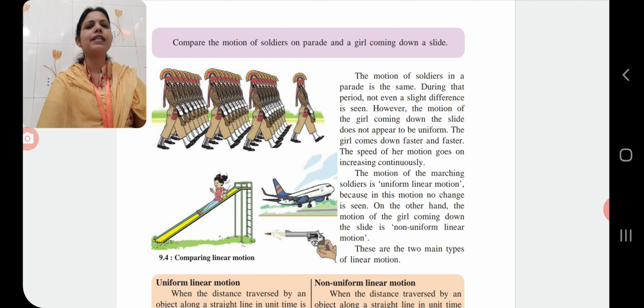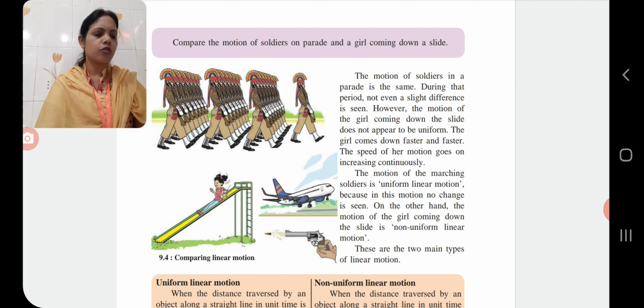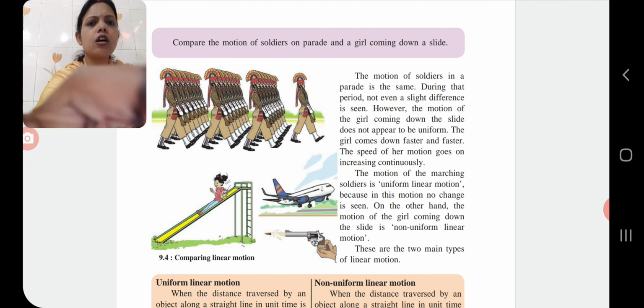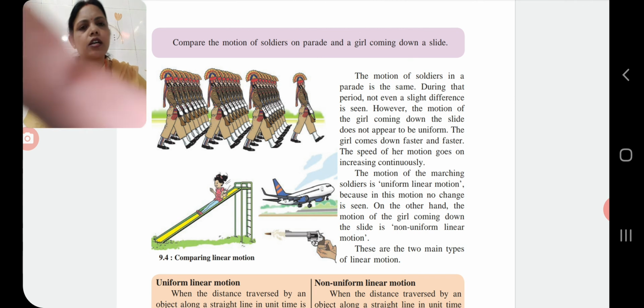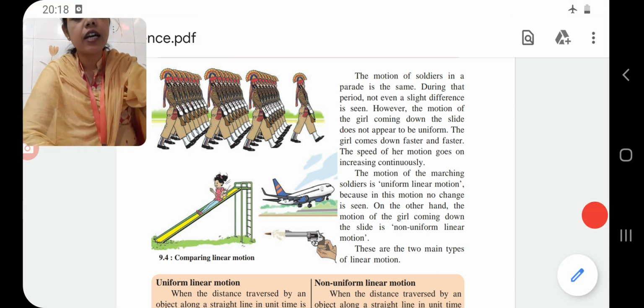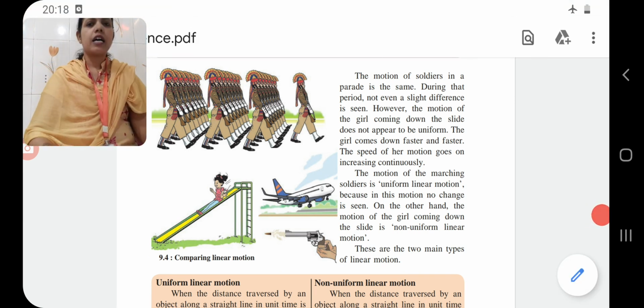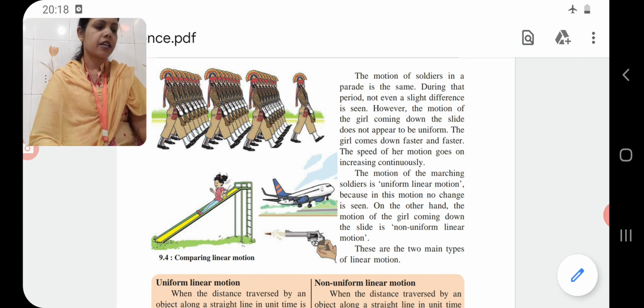Now we will see other examples: the motion of a person jogging in the garden, and the motion of a car traveling on the road at different speeds.